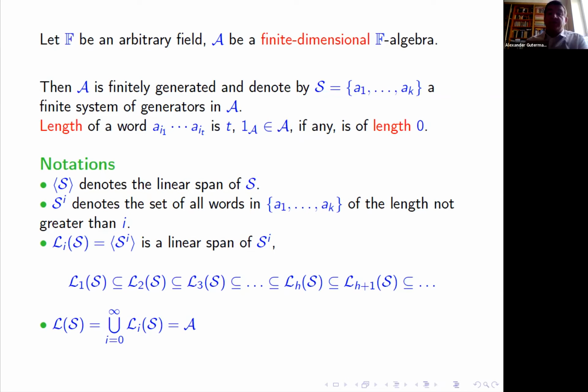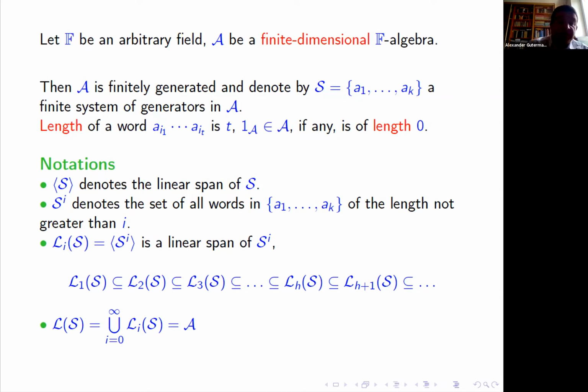The length of a word is just the usual length, the number of letters, and we also consider spans. We consider the span of words of length less than or equal to i, denoted by Li over our generating system.